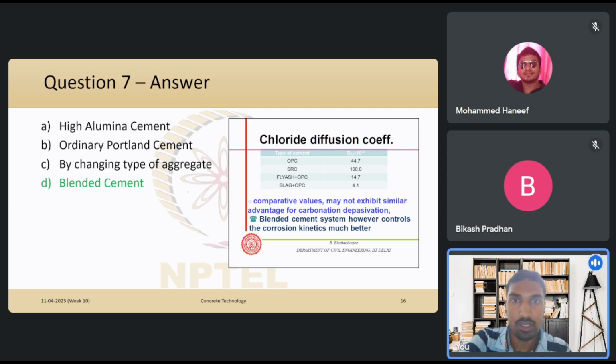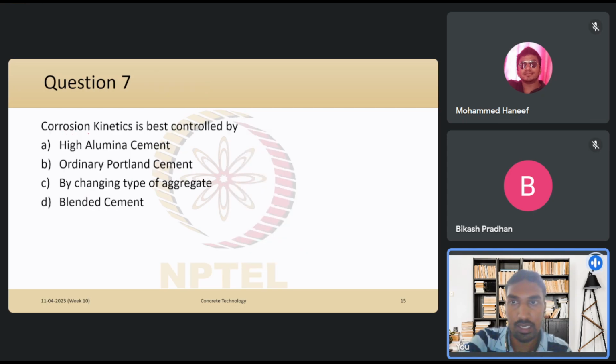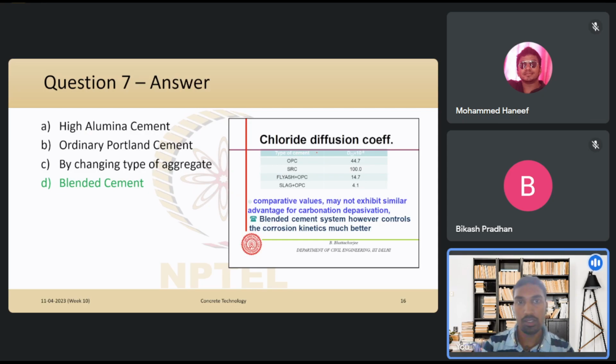So here we are looking at corrosion kinetics. It is about how quickly the corrosion reaction occurs. For corrosion to occur, the chloride should reach your rebars. So how will that be affected?